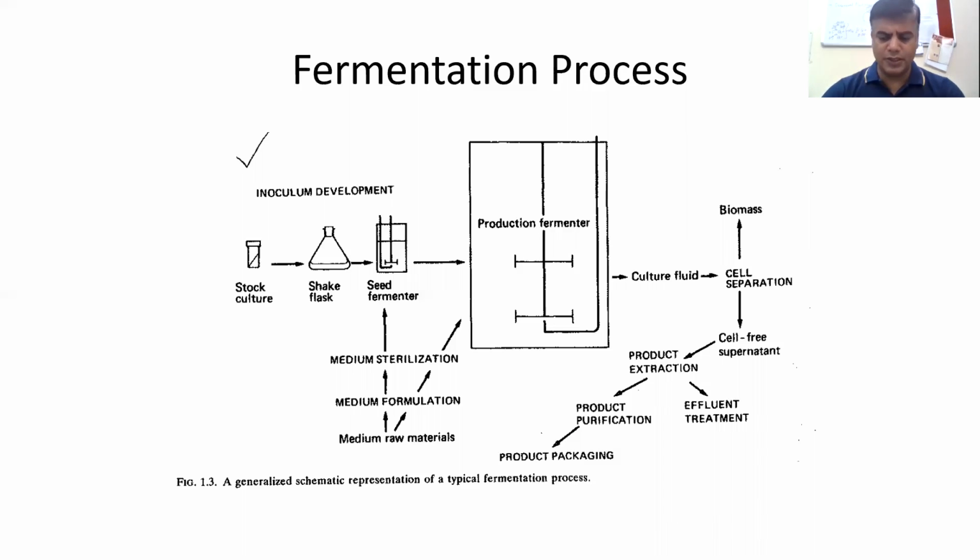So the fermenter was first described by Carl Weizmann during the First World War, 1914 to 1918. He developed a process for the production of acetone by liquid fermentation using Clostridium. That was the first process he developed.